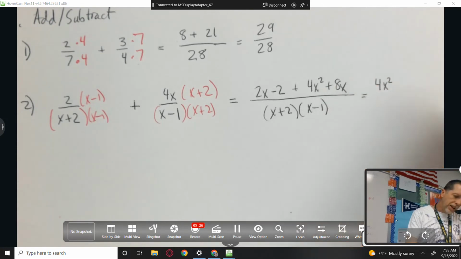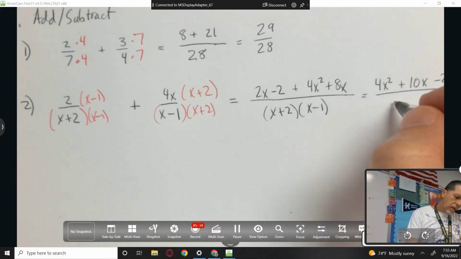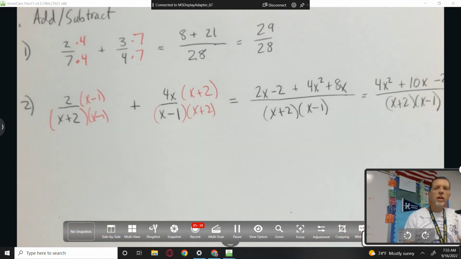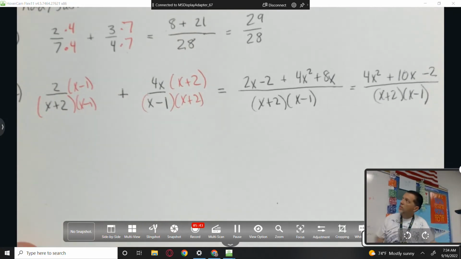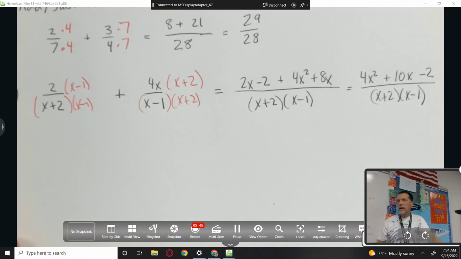So combine like terms, 4x squared plus 10x minus 2, all over x plus 2, x minus 1. The goal was to turn it into one fraction, and we did that.